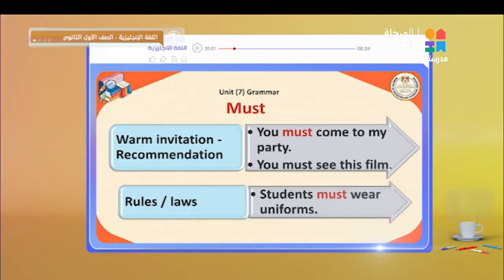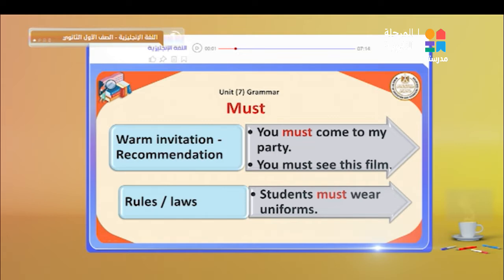But must can be used for other things. It can express, for example, warm invitation. If I wanted to invite you to my party, for example, I will say, you must come to my party. Here I don't express necessity, but I express warm invitation. Or recommendation. You must see this film.